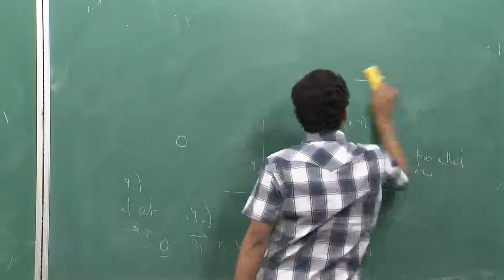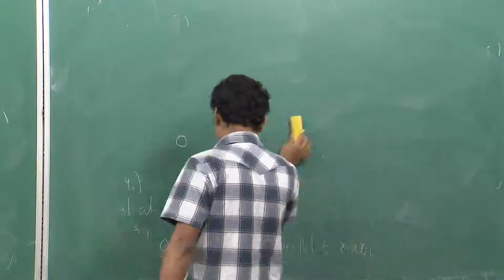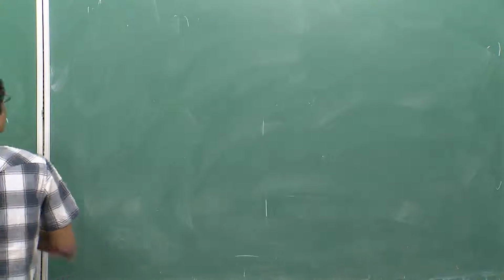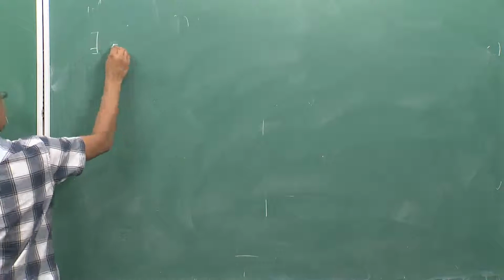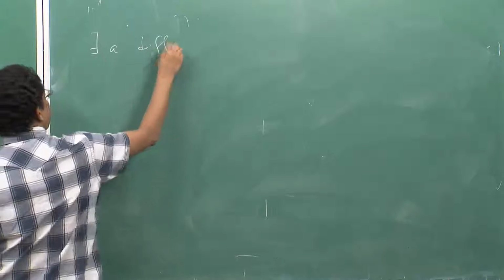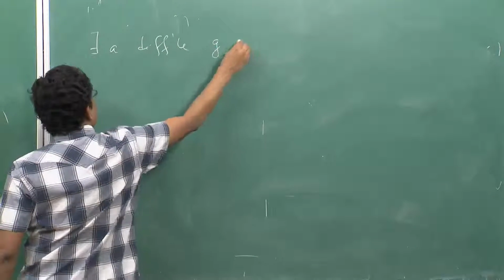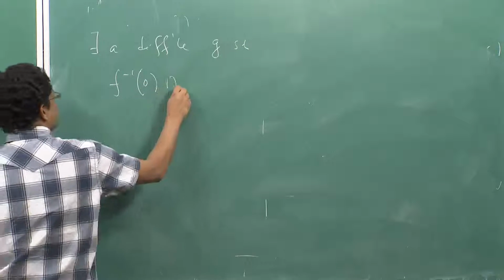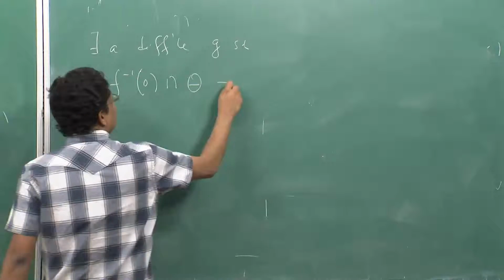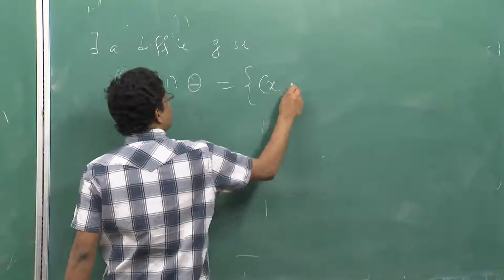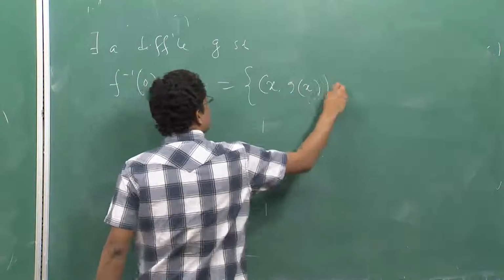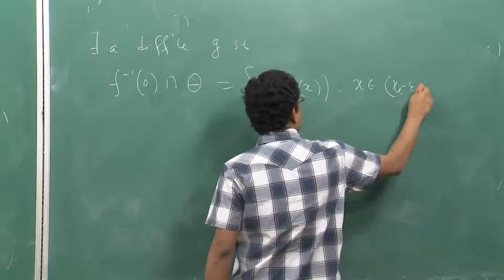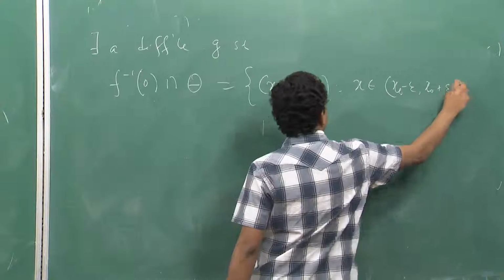What these two statements mean is that there exists a differentiable g such that f inverse of 0 intersection theta, so this is the local part, equals x, g of x, for x in x naught minus epsilon to x naught plus epsilon.